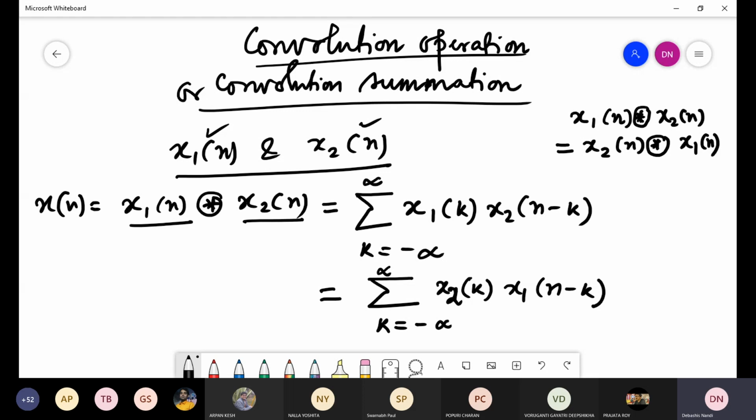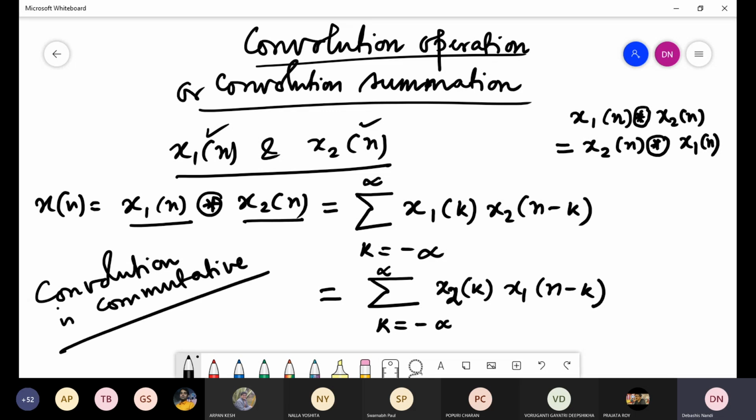So if you interchange the positions of the functions, the result will be the same. So convolution is commutative. Okay? Clear?